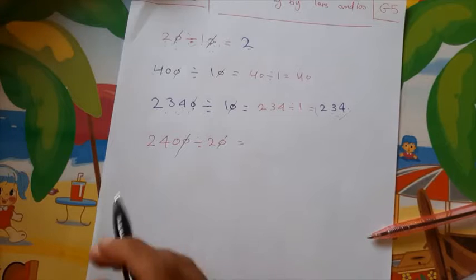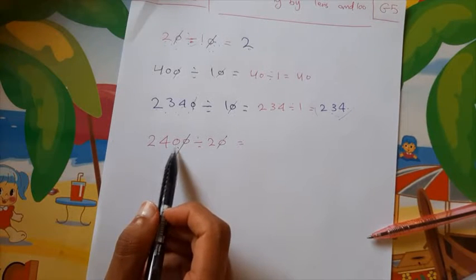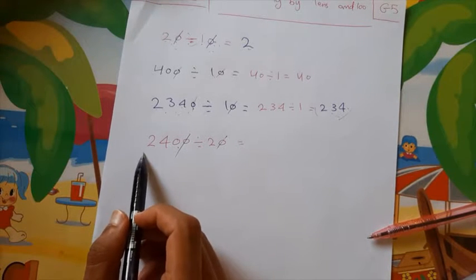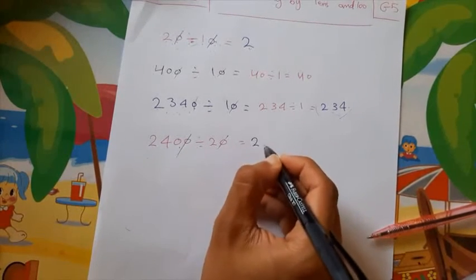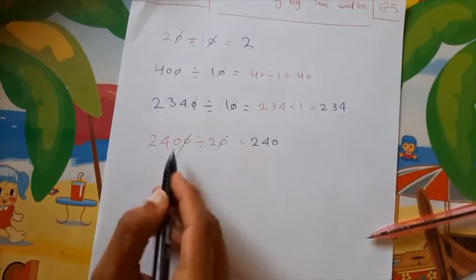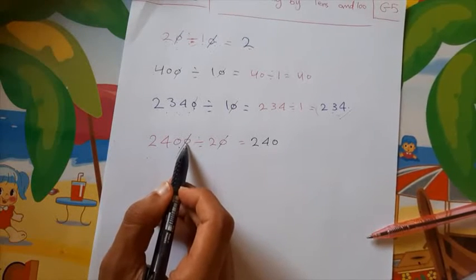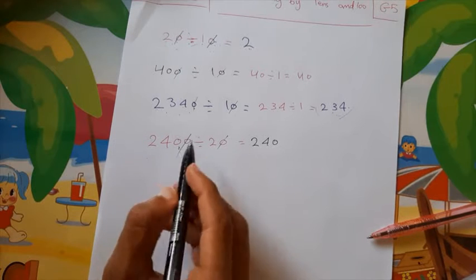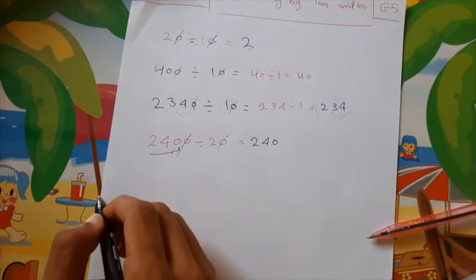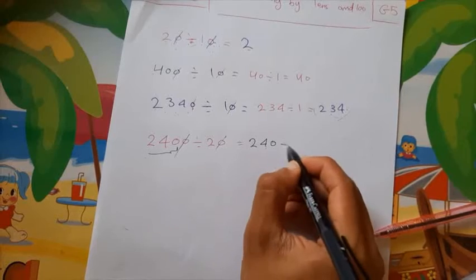Okay, so one 0 goes with one 0. And what do we have now? We have 240, because this 0 is already gone.